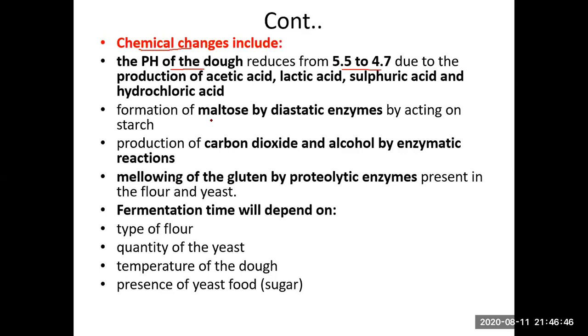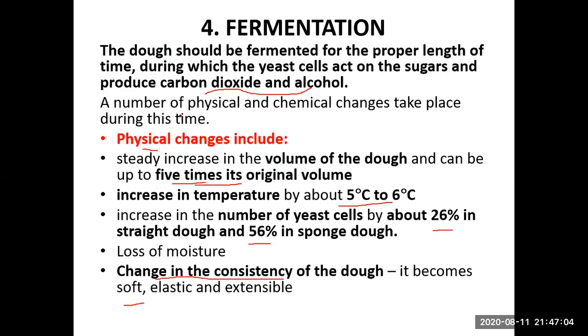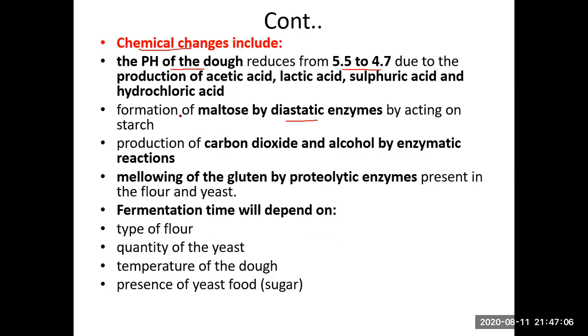Maltose is formed there due to diastatic enzymes acting on starch. With that, we already know the carbon dioxide production, and gluten is also formed there, and proteolytic enzymes help in that process. Those are the physical and chemical changes that happen during fermentation.